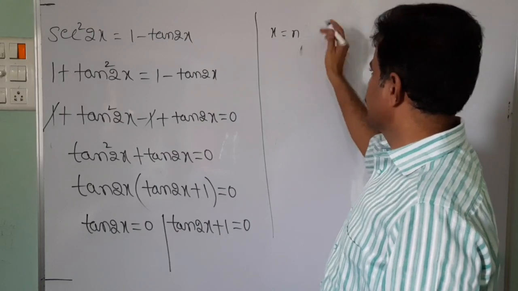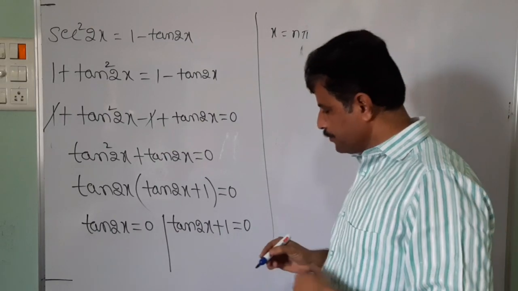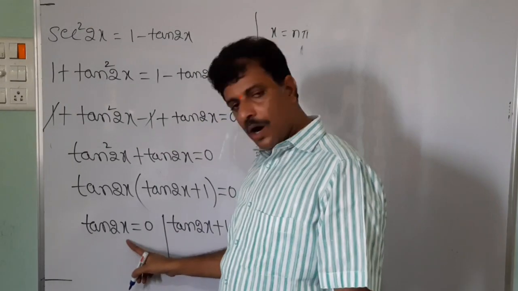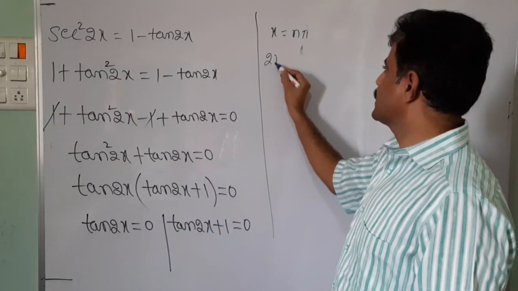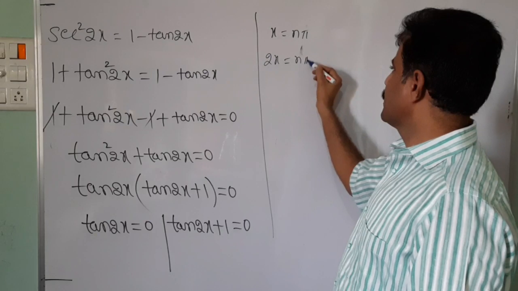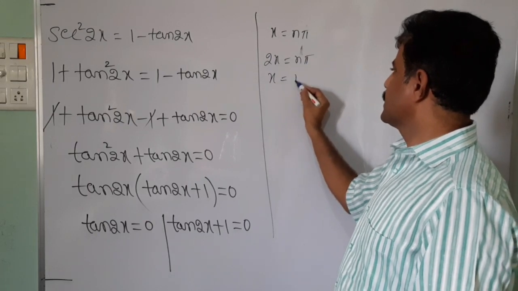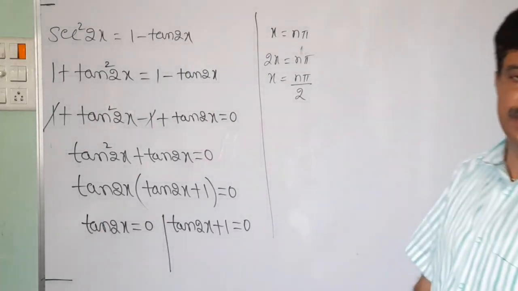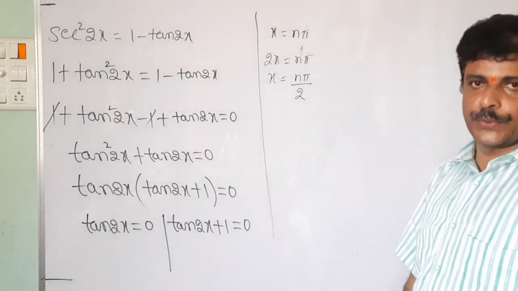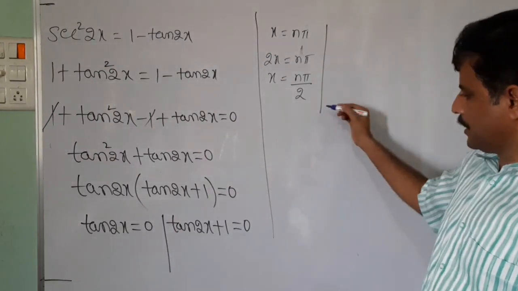You should know this. Therefore the general solution is x is equal to n pi. But in the place of x we have 2x, so 2x is equal to n pi. Therefore x is equal to n pi by 2. Okay, next another one.